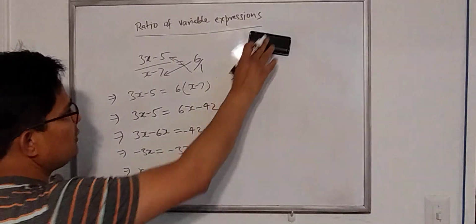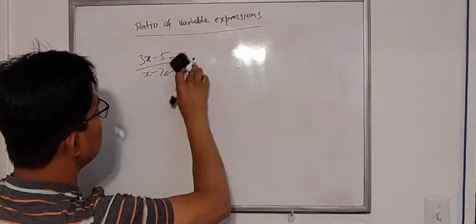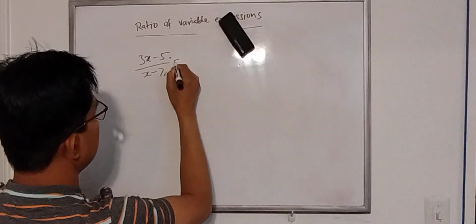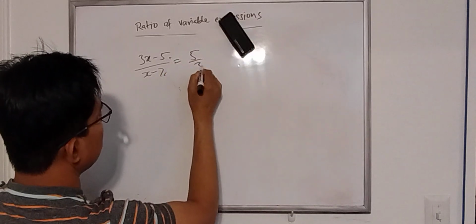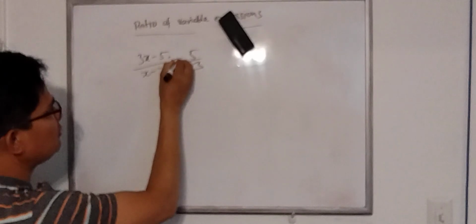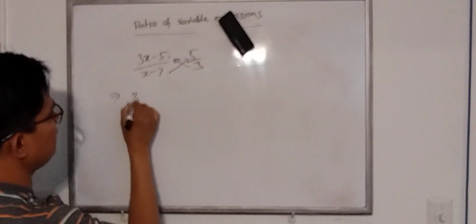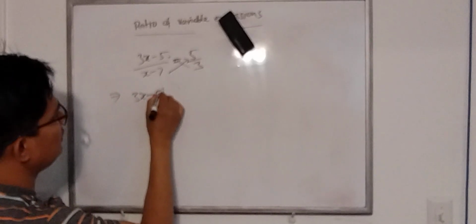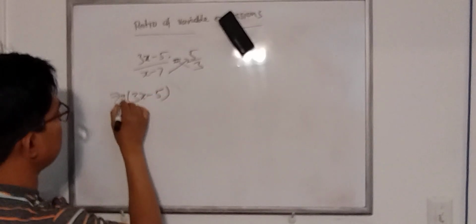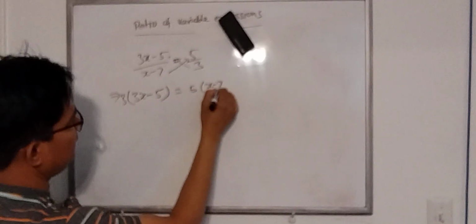Now let's say instead of 1 here, you have something else, let's say 5 by 3. You have to do the same thing, the cross multiplication, and you will find the equation in a simpler form. This will be multiplied to 3, and 5 will be multiplied to x minus 7.